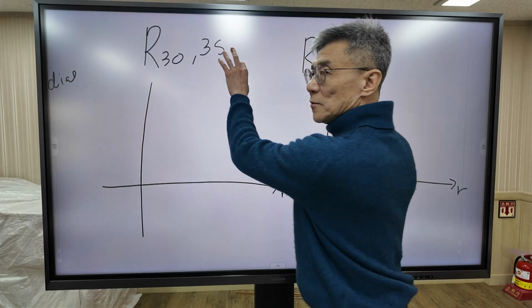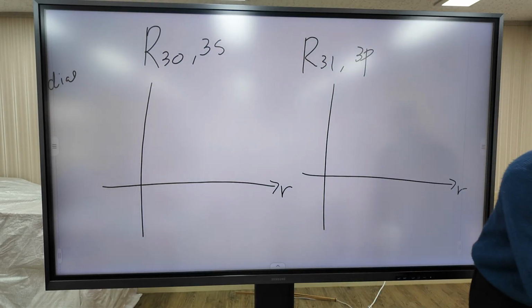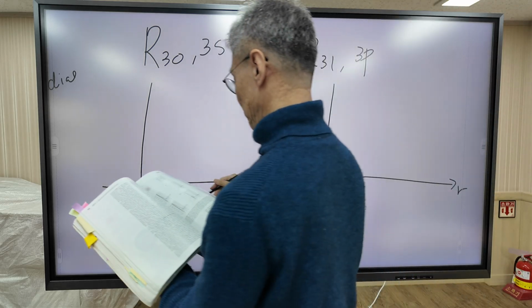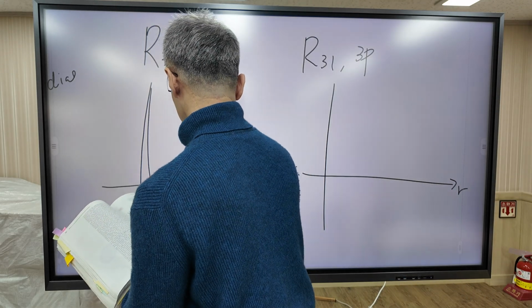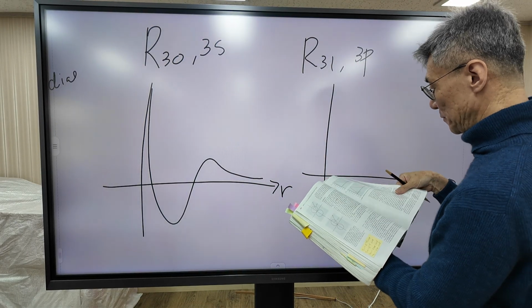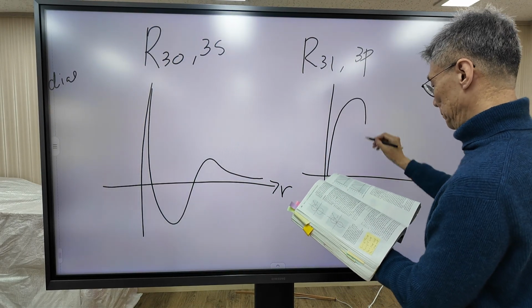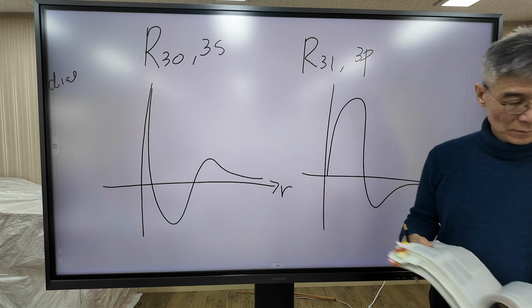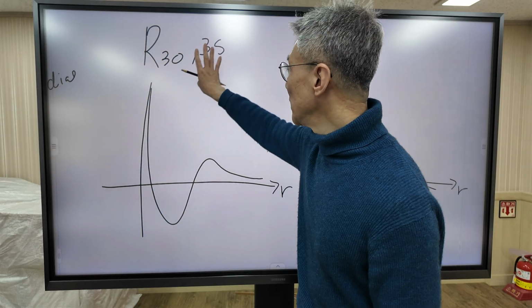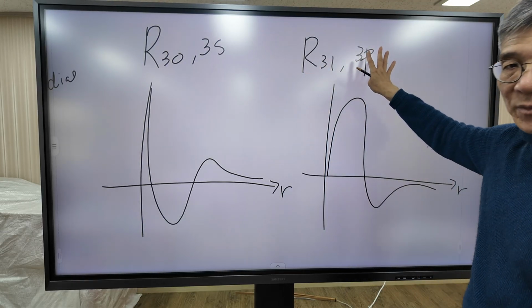The number of nodes is different for 3s and 3p. For R30, so R31, p orbital.